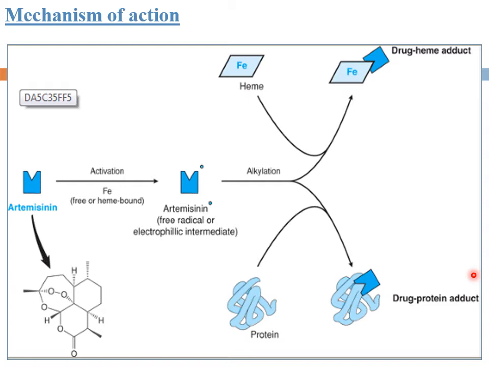Here it can cause lipid peroxidation, damages endoplasmic reticulum, and ultimately results in the lysis of the parasite. Another evidence shows that the artemisinin free radical inactivates a plasmodial sarcoplasmic endoplasmic calcium ATPase labeled PfATP6.